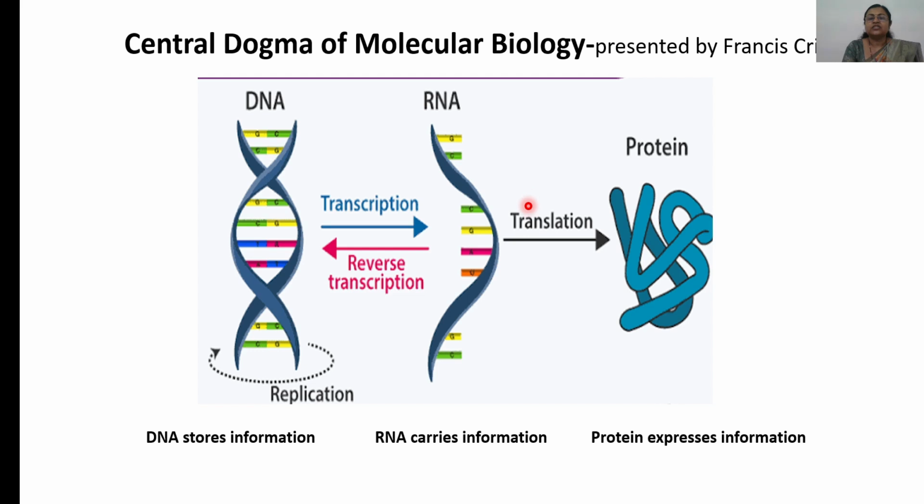Then by translation, RNA codes certain proteins, so protein expresses that information. See, genetic information is stored in DNA, that information is carried by RNA, and then protein expresses that information.